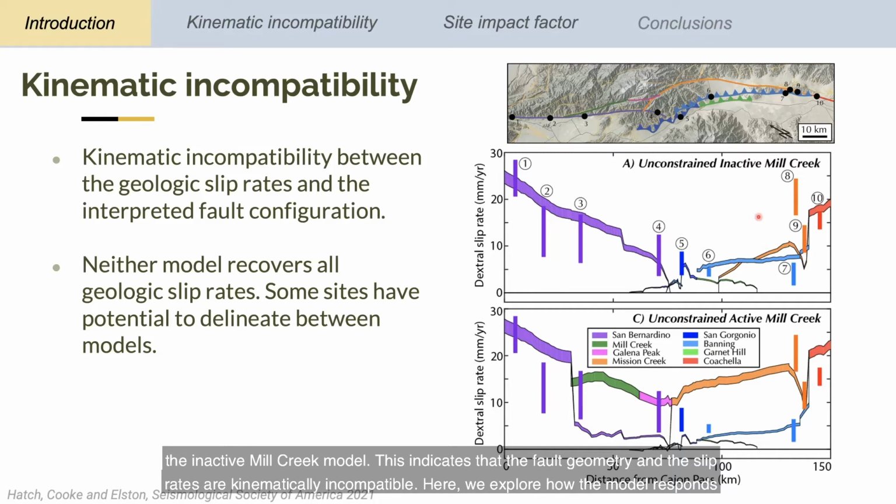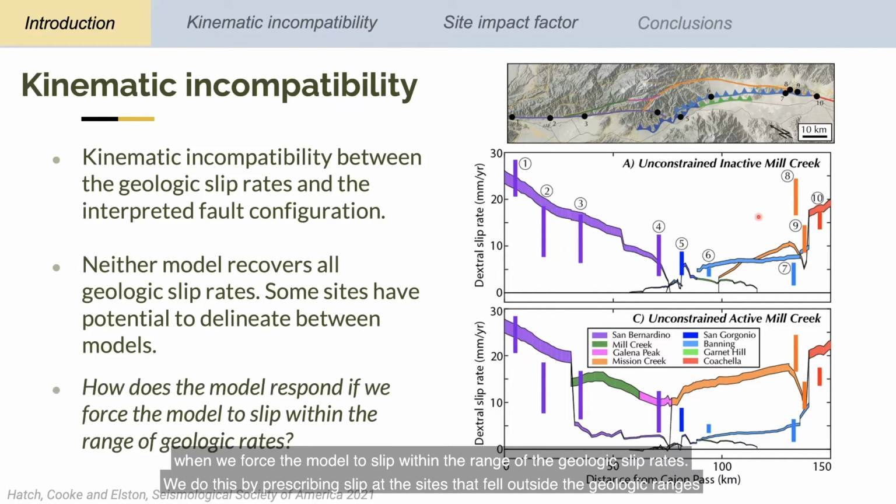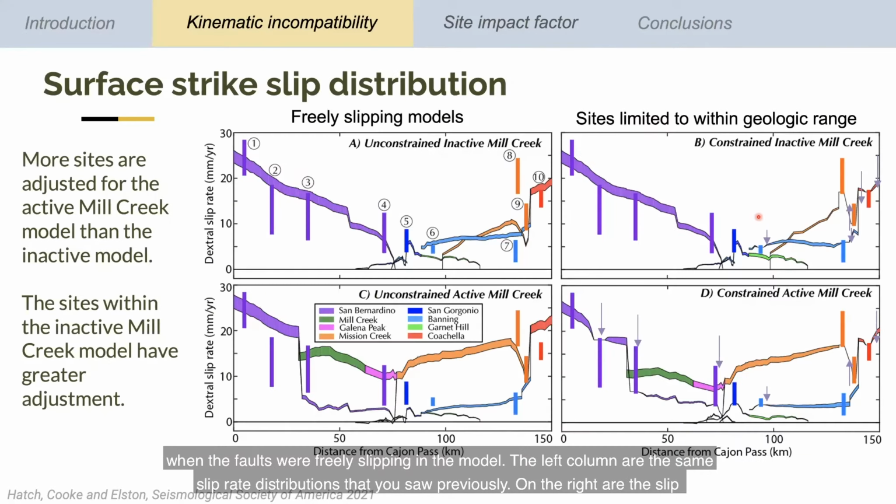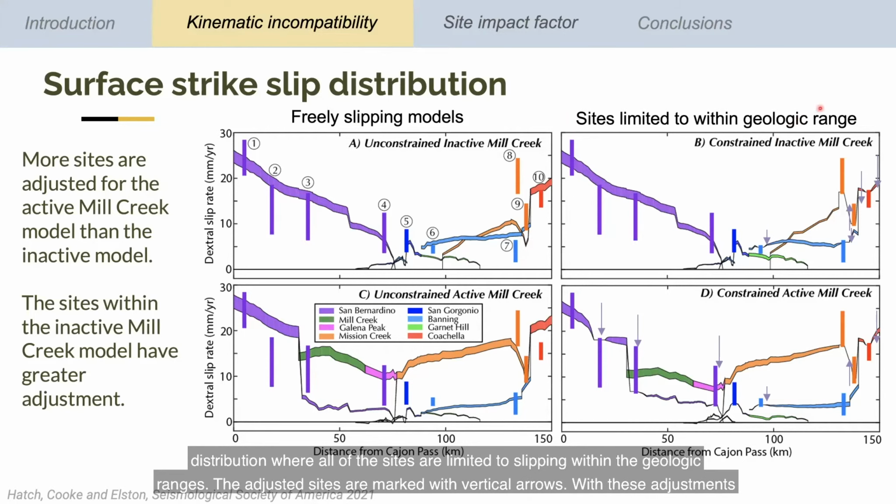Here we explore how the model responds when we force the model to slip within the range of the geologic slip rates. We do this by prescribing slip at the sites that fell outside the geologic ranges when the faults were freely slipping in the model. The left column are the same slip rate distributions that you saw previously. On the right are the slip distributions where all of the sites are limited to slipping within the geologic ranges.